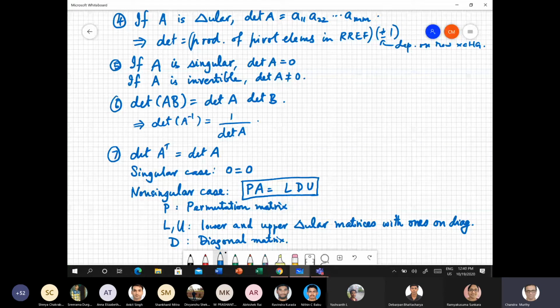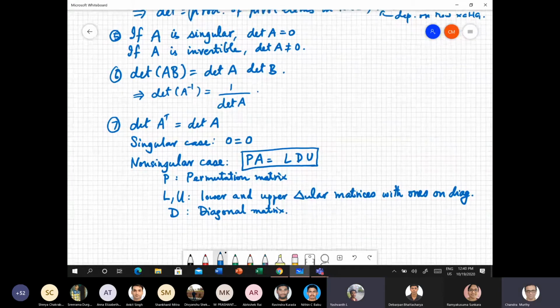But if you do the row exchanges in a different order, I'm not 100% sure if you will get the exact same permutation matrix and the corresponding exact same L matrix. So I'm not sure. I'll have to think about it.